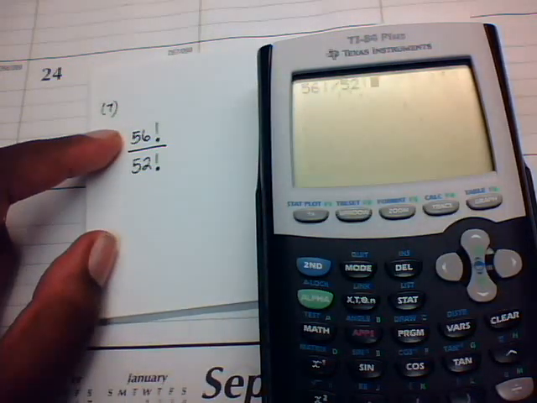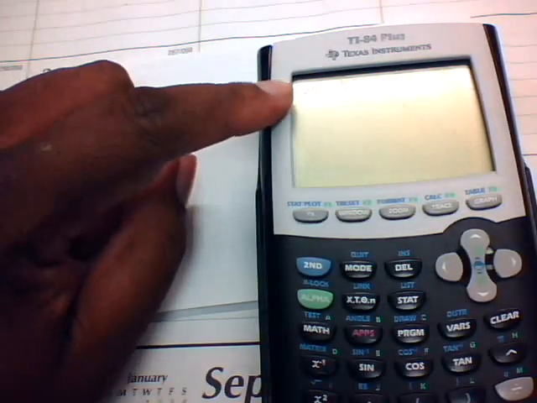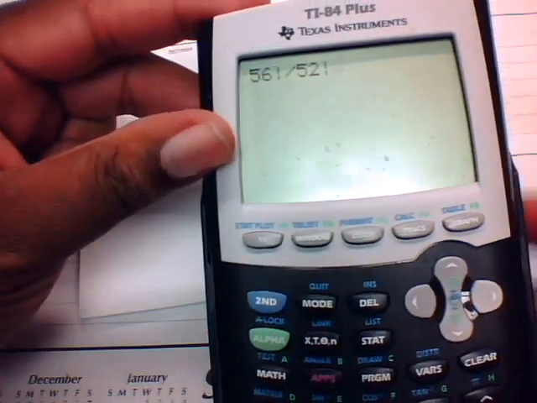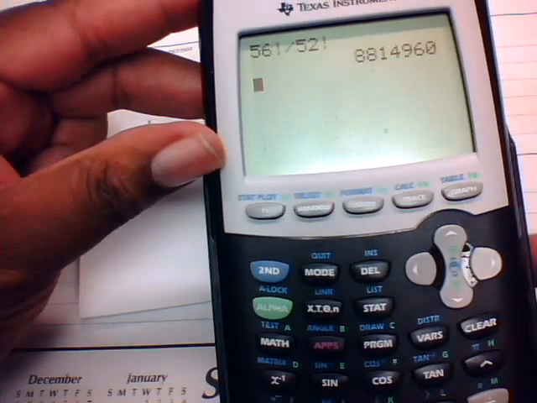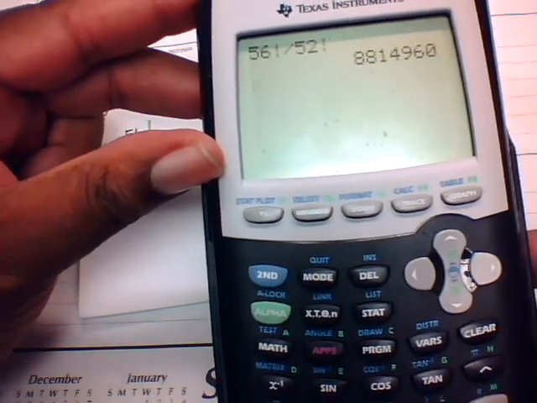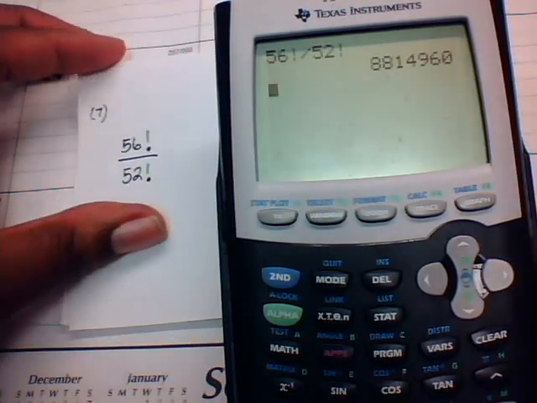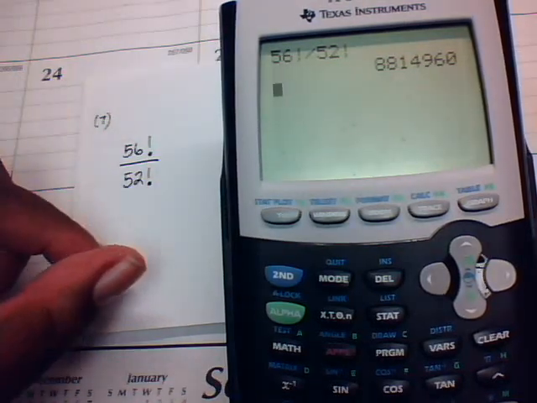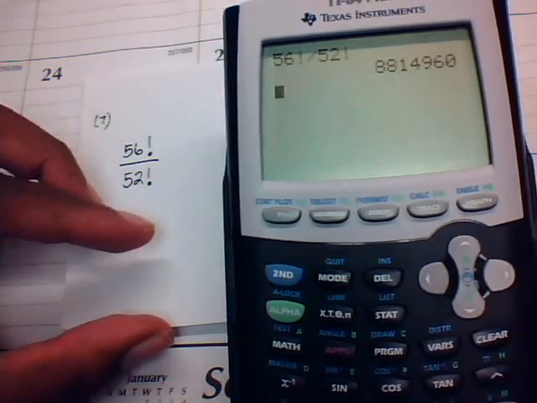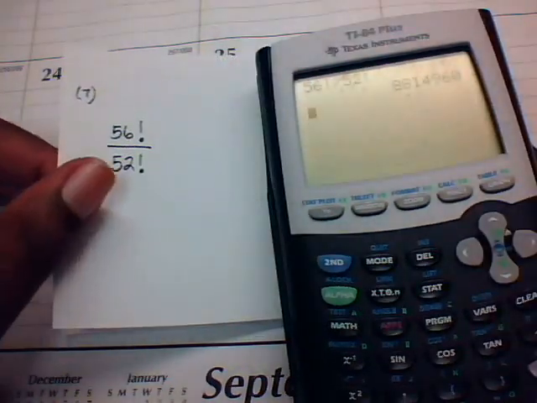So now you got 56 factorial divided by 52 factorial. And it looks like this in your calculator. Okay, so in this case here, you go ahead and press enter. And you'll get this number, 8,814,960. Okay, so that's how we enter factorials on our calculator using the TI-83 or the TI-84 Plus.